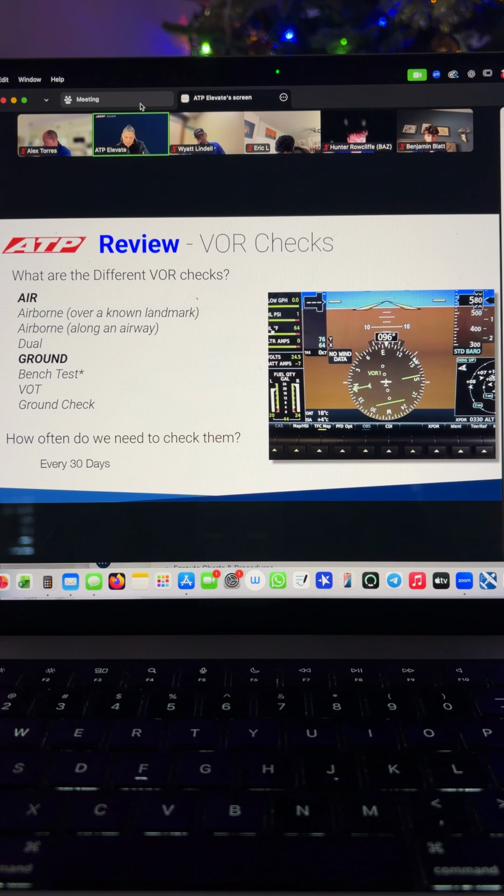And it is actually on page 513 of 769 if you have the chart supplement downloaded to your ForeFlight. So again, I have a bookmark for that, because you just want to be able to find the one that's in your state or at least closest to your state. And like I said, there are some places that don't even have it.